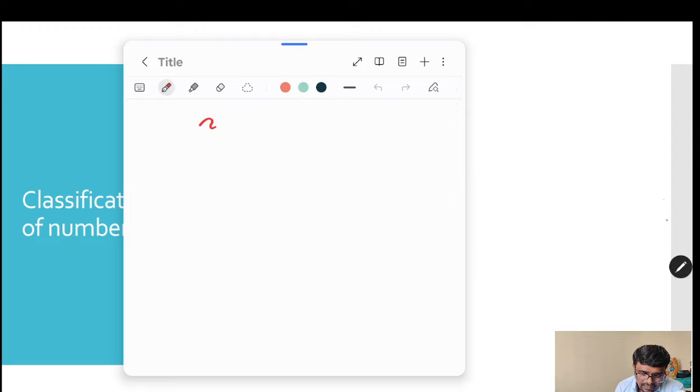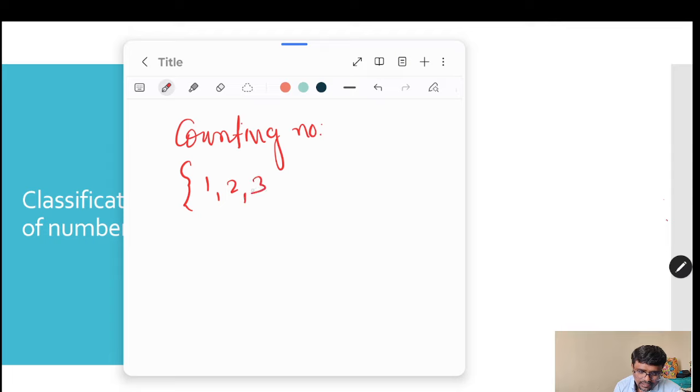First, we'll start with counting numbers. Counting numbers means we start with 1, 2, 3, like counting 1 pen, 2 pen, 3 pen, 4 pen. So counting numbers are nothing but 1, 2, 3, 4, 5 and so on to infinity. These are also known as natural numbers.